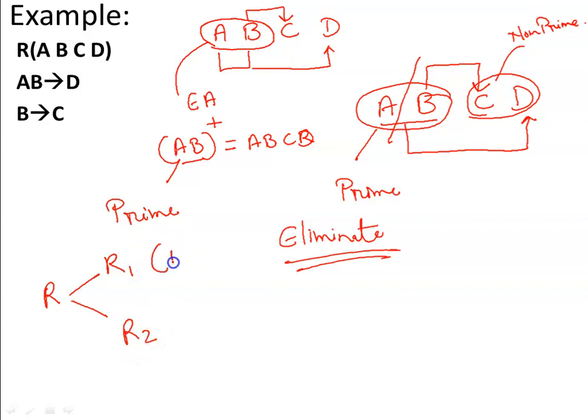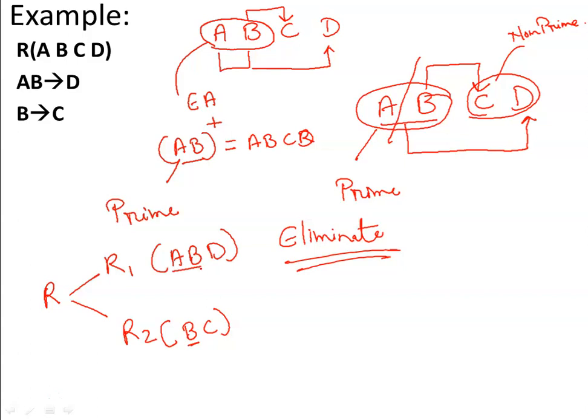In relation R1 we have A, B and D, and AB is the key over here and D is totally dependent upon A and B. And in the new relation we have B and C, wherein B will be the primary key and C is totally dependent upon attribute B. So now there is no partial dependency. This is what we do in second normalization.